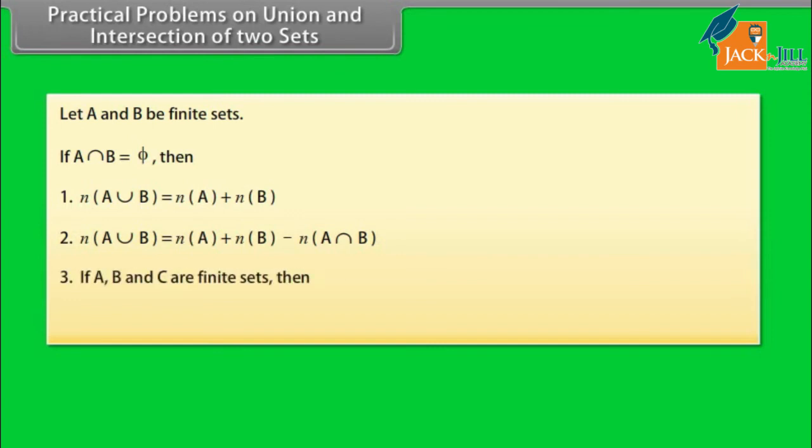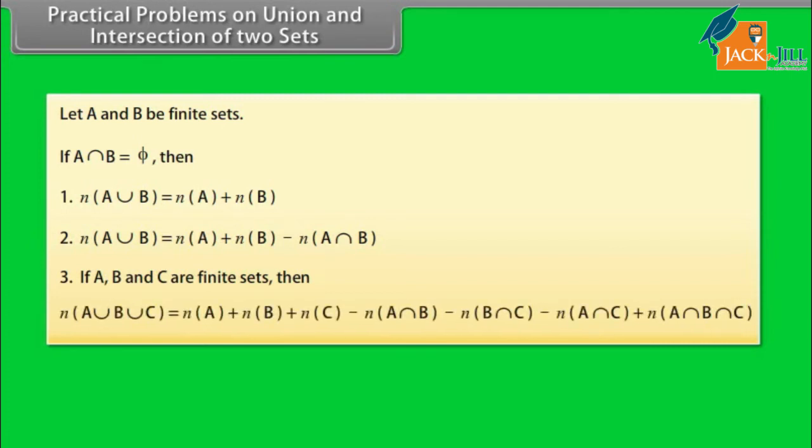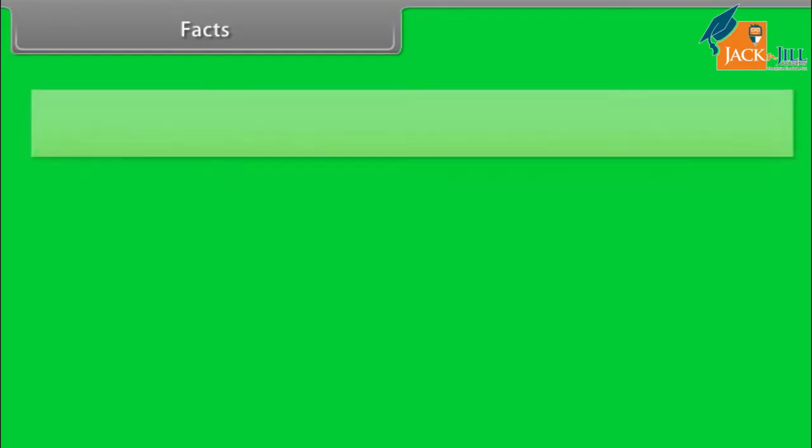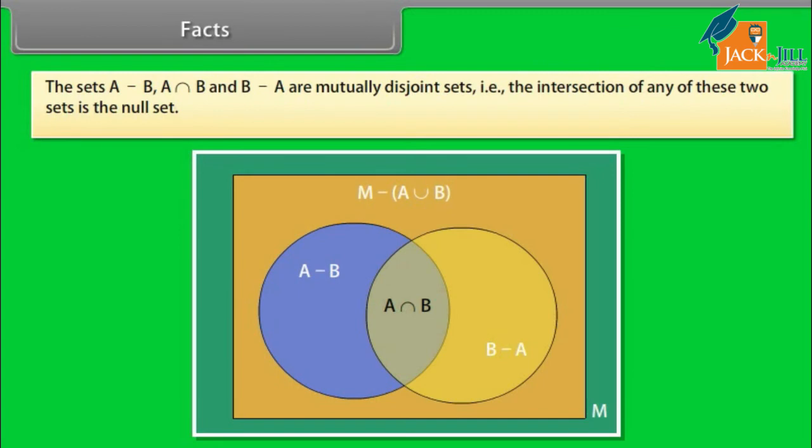If A, B and C are finite sets, then facts: the sets A minus B, A intersection B and B minus A are mutually disjoint sets. That is, the intersection of any two of these sets is the null set.